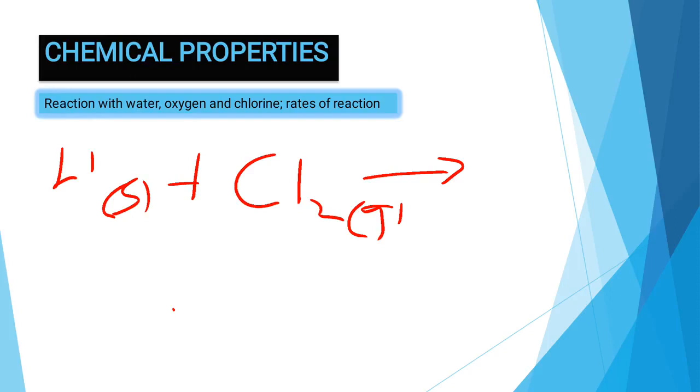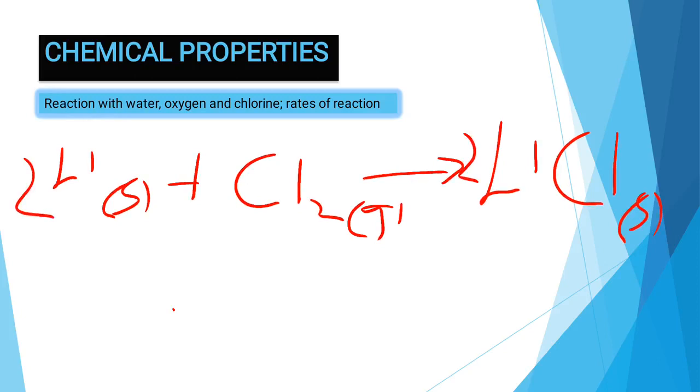Then the product that is formed is lithium chloride, which is now a solid. How do you balance the equation? You balance the equation by having a 2 there and a 2 here, and the equation is now balanced.